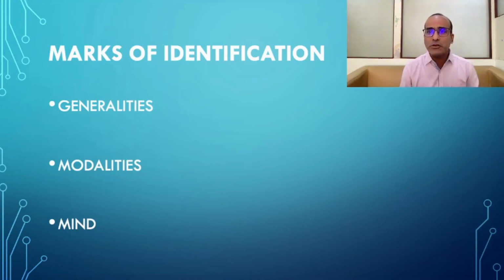And the person is very loquacious, continuously talking and talking. Okay, so what remedy comes to our mind? Yes, Lachesis. So Lachesis is the remedy. You can identify Lachesis from these general symptoms, the characteristic modality and the most important mind symptom.